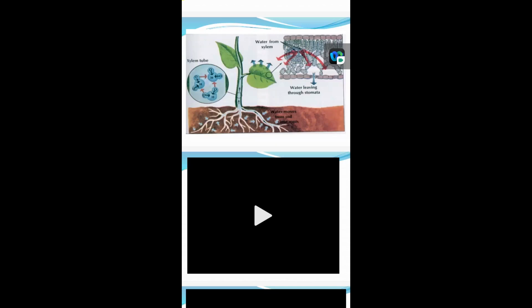So the loss of water through transpiration results in the formation of pull. The pull is created by transpiration, so it is called the transpiration pull. This transpiration pull is strong enough to take the water column to the topmost level of the leaf in the tallest plants.